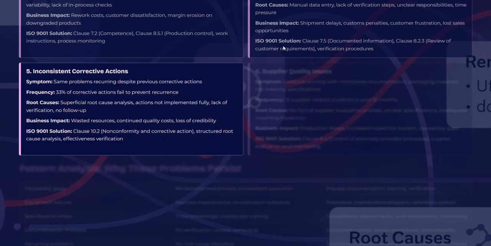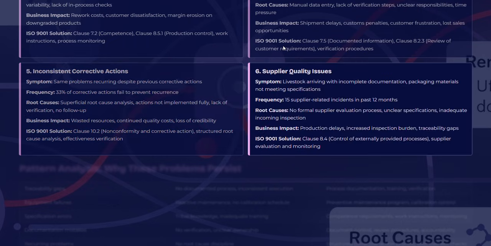The root cause for that is superficial root cause analysis right now, actions not implemented fully, lack of verification, and also there is no follow up. How is this impacting the business? Through wasted resources, continued quality costs, and loss of credibility. How is ISO 9001 going to solve this? Through clause 10.2, nonconformity and corrective action, with structured root cause analysis and effectiveness verification.